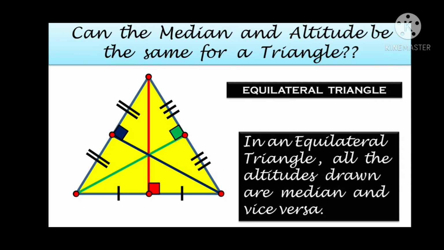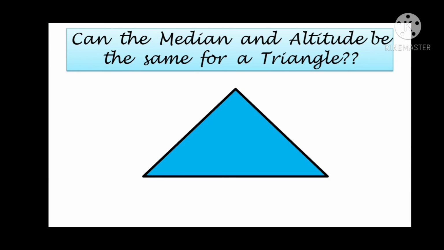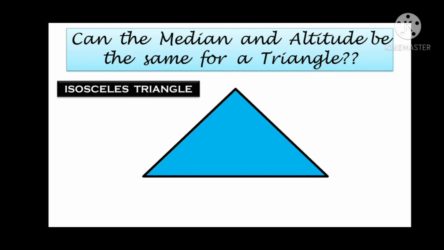So here we can say in an equilateral triangle, all the altitudes that are drawn are the medians and vice versa. That means altitudes are medians and medians are treated as altitudes. Both are the same. For an equilateral triangle, all the altitudes are the medians and all the medians are called the altitudes. Now there is another special triangle, that is the isosceles triangle.